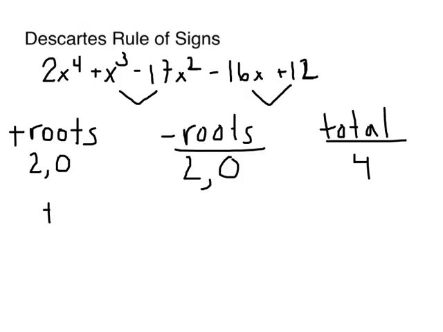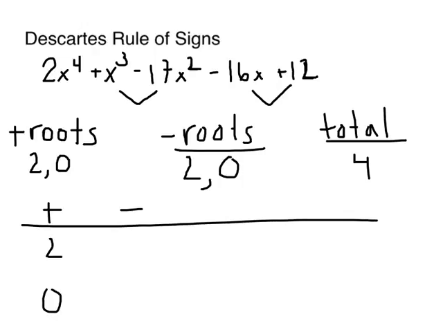So for the positive, you can have 2 or 0 positive. For negative, you could have 2 or 0. Now what that means is you will have non-real roots.